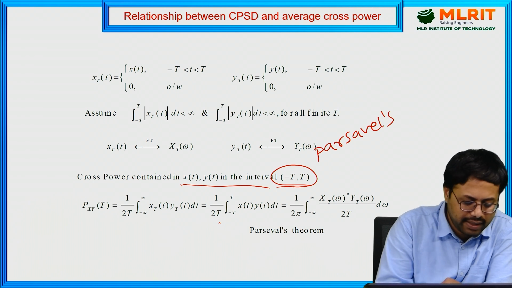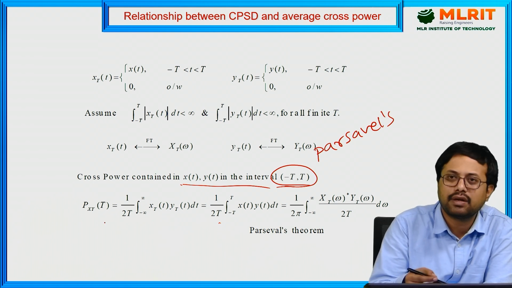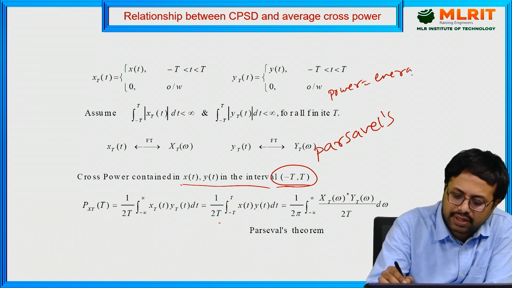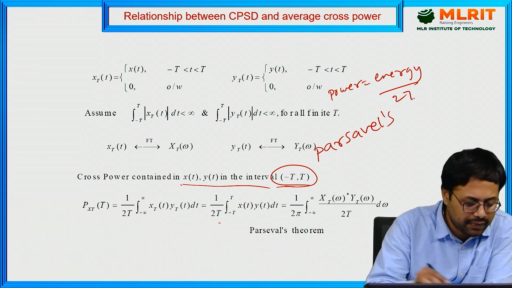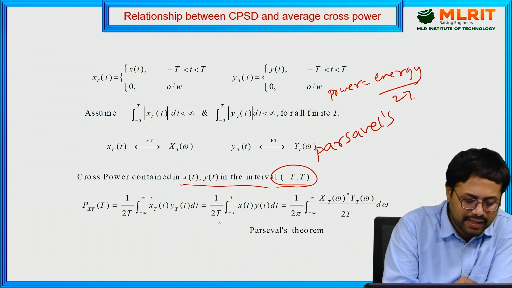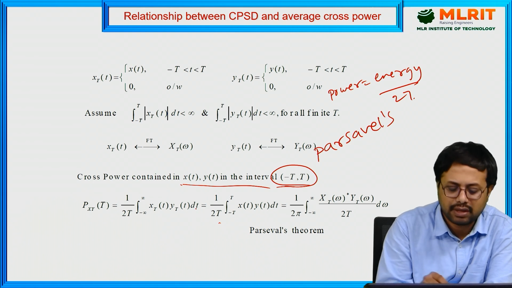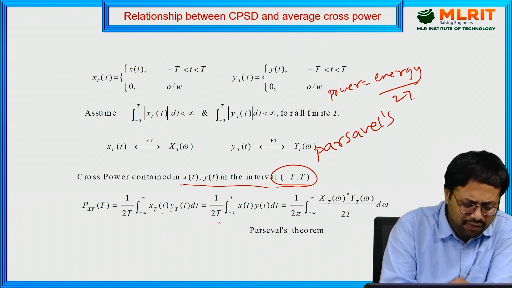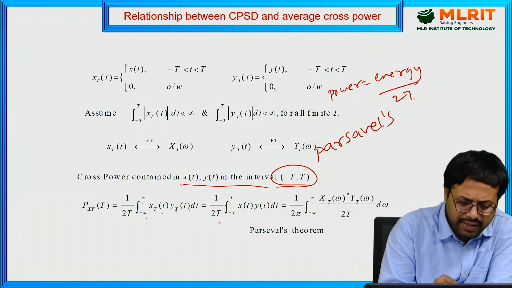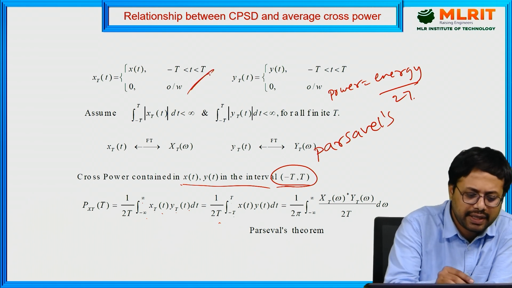First we define the power: power is equal to energy divided by the total time duration, that is 2T. So 1 by 2T times the energy, the integral from minus infinity of xT of t into yT of t dt. We can convert the limits to minus T to T, as we have already defined.